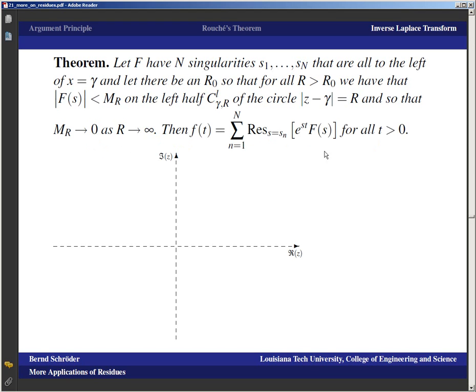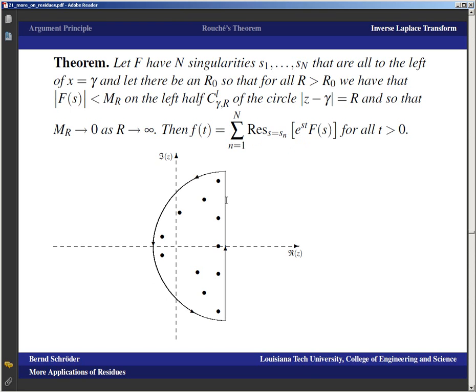How does that go? Well, e^(st) F(s) is the function for which we have to compute that integral along a vertical line, right? And that thing, because e^(st) is analytic, has singularities where F has singularities. So those singularities are sitting somewhere like this, and they may be symmetric or maybe not. And then we've got this vertical line, and we do know that the integral along this vertical line plus the integral along this semicircle is going to be this sum here.